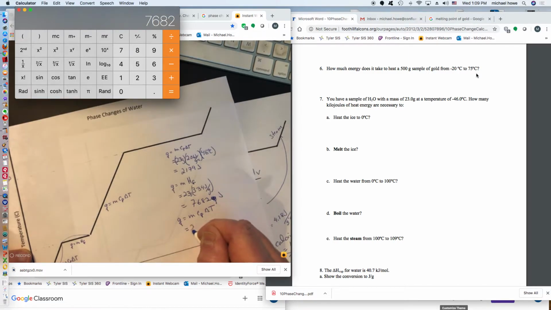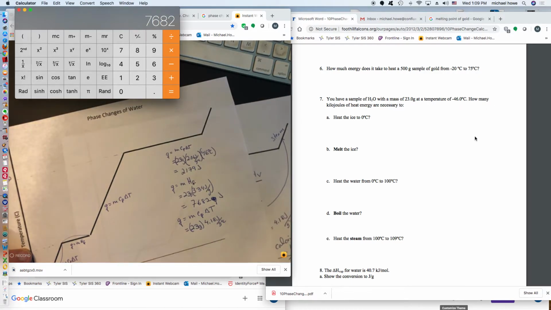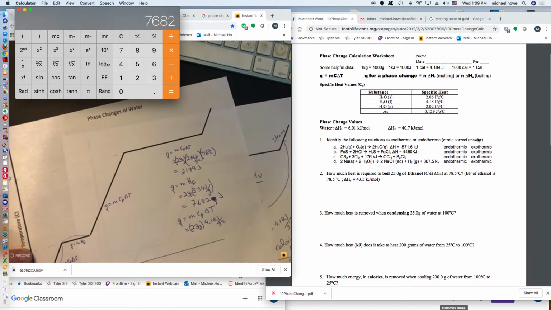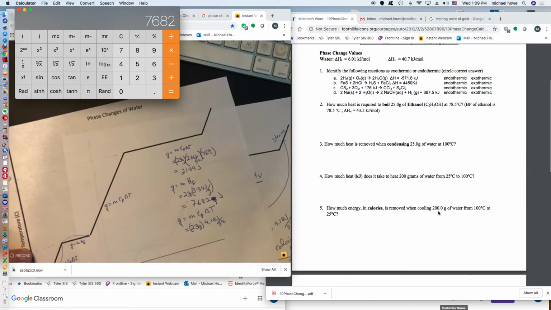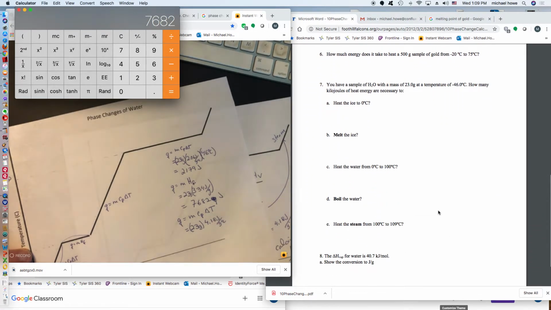M, mass never changes, 23 grams. The specific heat capacity is 4.18 joules per gram degree C. We've used that previously, but in case you're wondering about that, right here, 4.18. And the change in temperature from 0 to 100 is 100.